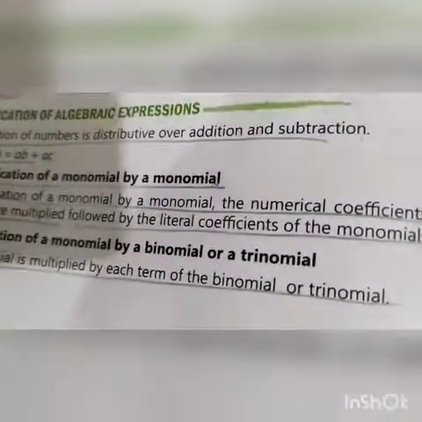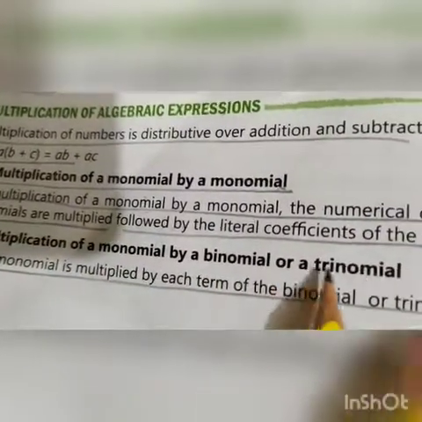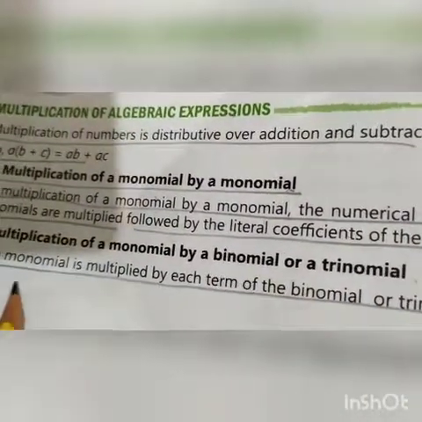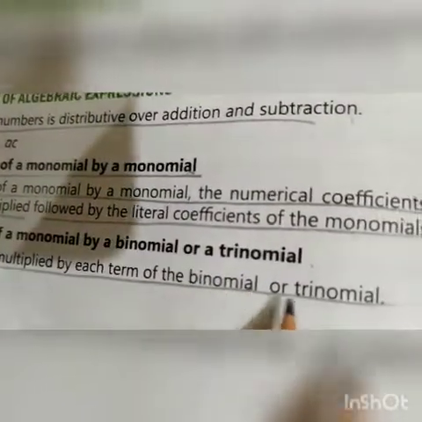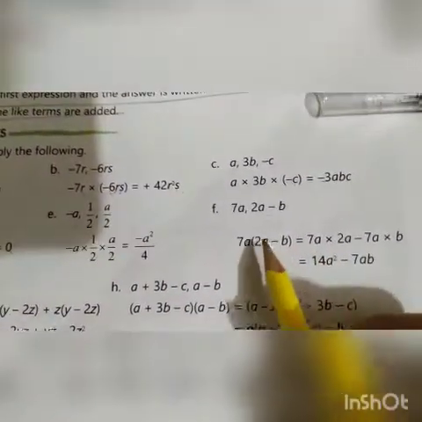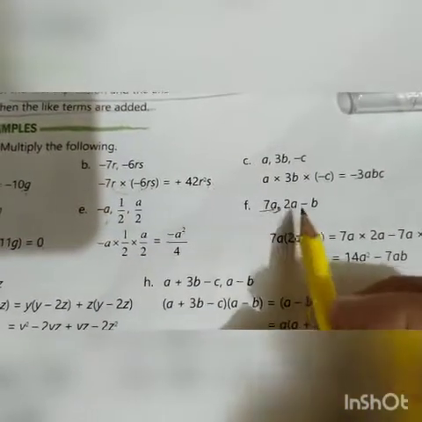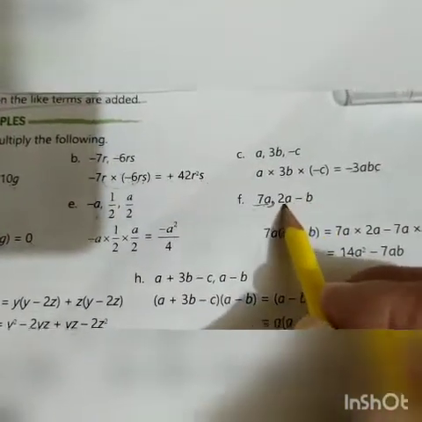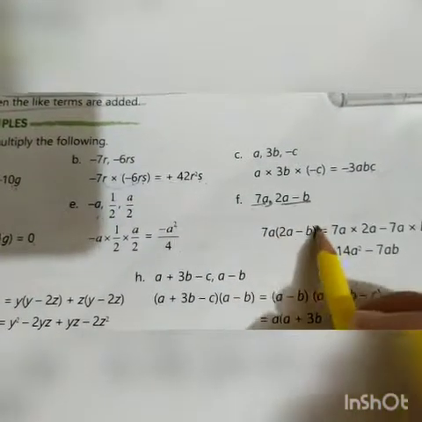Now the second category, how we multiply a monomial by a binomial or trinomial. The monomial is multiplied by each term of the binomial or trinomial. See the next example. Example F. First term is 7a, that is a monomial, and second term is 2a minus b, that is a binomial. Here we will multiply this monomial by this binomial.